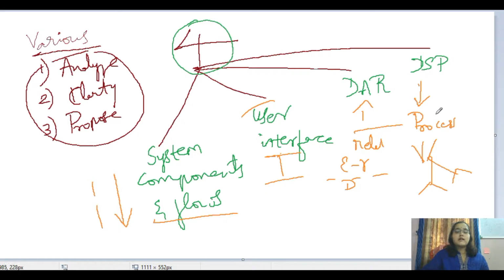So decision tree, decision table, and structured charts are a few examples which come under this category, showing the detailed development process of the system. So the four categories of tools are system component and flow, user interface, data attributes and relationship, and detailed system process. Now let us see what the different kinds of tools available for the development of a system are.